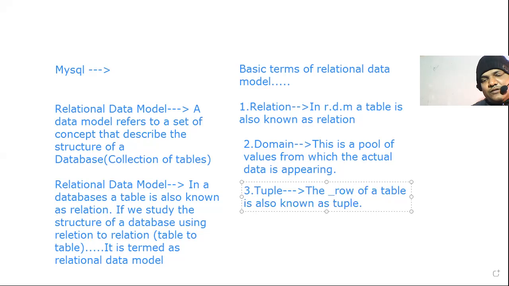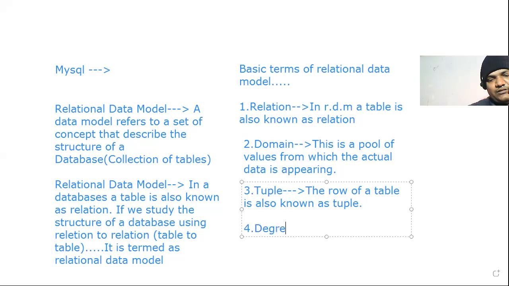The row of a table is also known as the tuple. Instead of table, we can commonly use the word relation. The row of a relation is also known as tuple. I think it is clear.